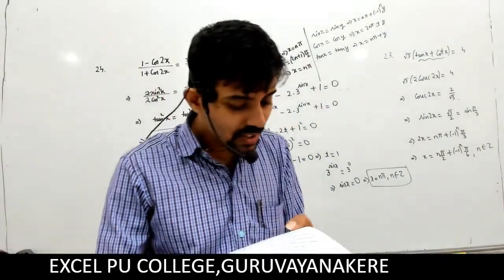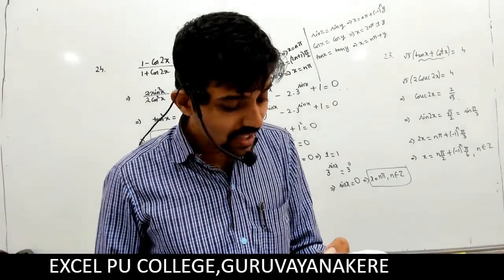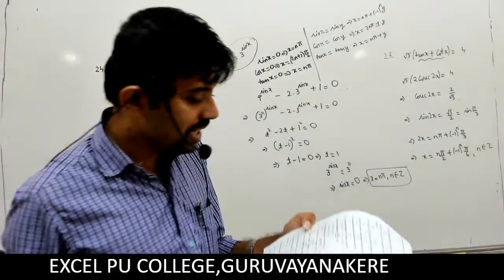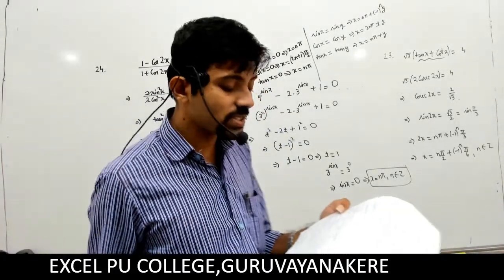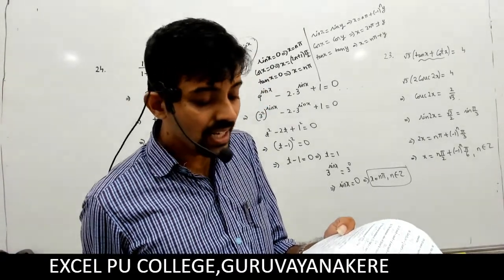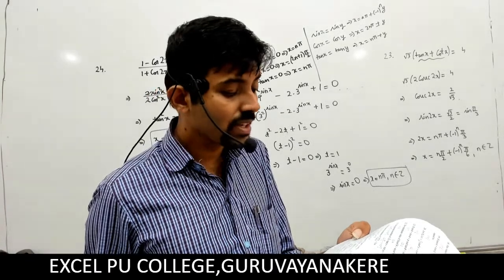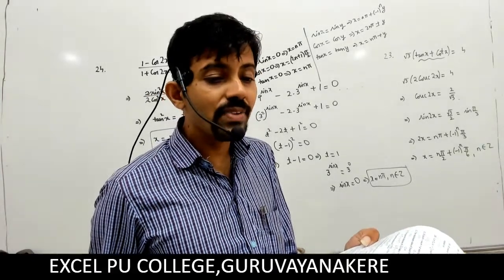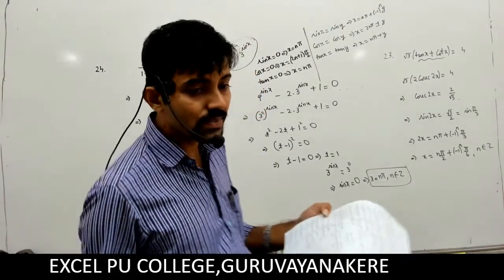Next question, 26. Given y equal to 1 plus sin x plus sin square x and so on up to infinity. It's given to be equal to 4 plus 2 root 3. Need to find the value of x. This forms an infinite geometric series, right?